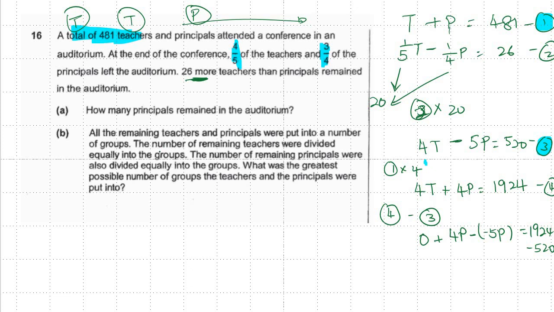Be very careful, because when you do sums like that, you will easily forget to put this minus in. Remember, the number always carries with it the sign on the left hand side, either plus or minus. If it's minus, be careful that you write it down, okay? So in this case, 4P minus 5P is actually minus, and when you open the bracket, it is actually plus. So it's 9P.